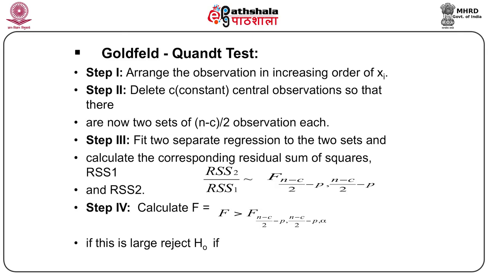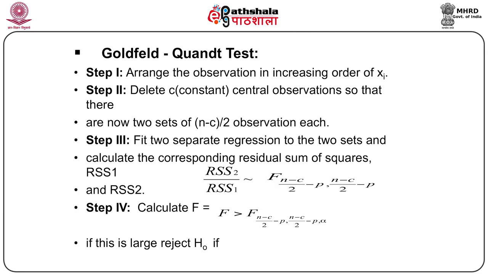In step 3, we fit two separate regression models to the two sets of data and calculate the corresponding residual sum of squares, denoted by RSS1 for the first dataset and RSS2 for the second.